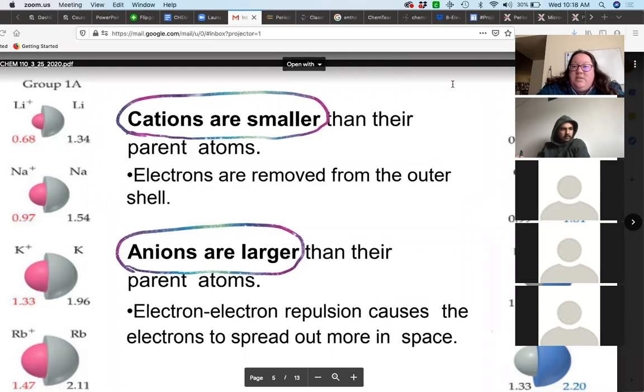So that's the reason why we're starting to think about electron configurations, and specifically the periodic trends, because the structure of our atoms is going to change the way they behave or change their function. And so when we think about structure, we know that there's a very close relationship to function.